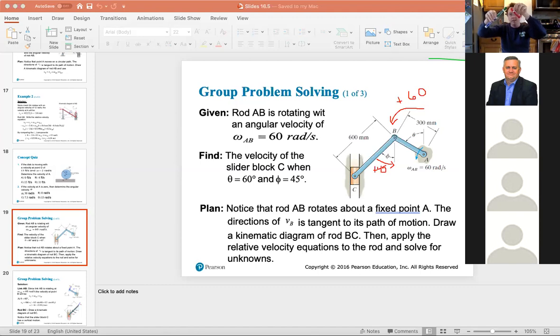Here is BC, the long one. And point C is on the end here. It is only allowed to slide up and down. And AB is going to rotate. So look what happens. I can't do it, sorry. It's trickier than it looks.